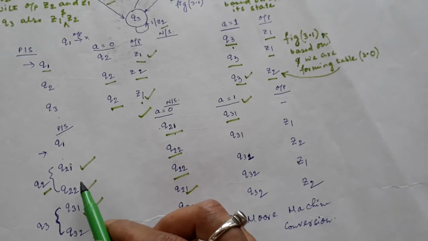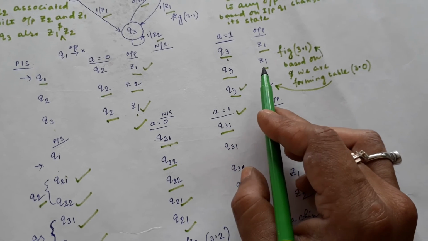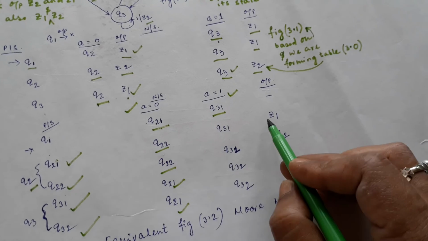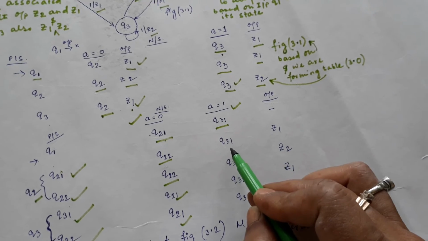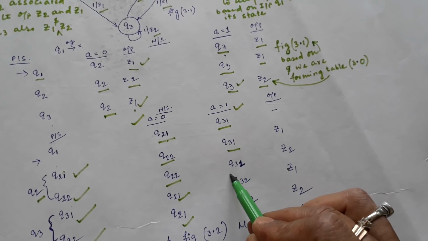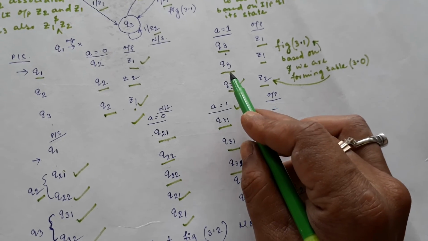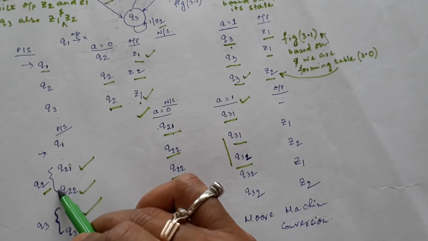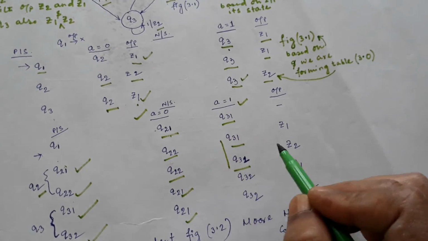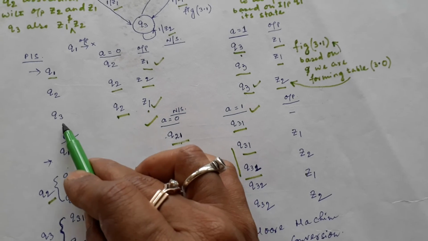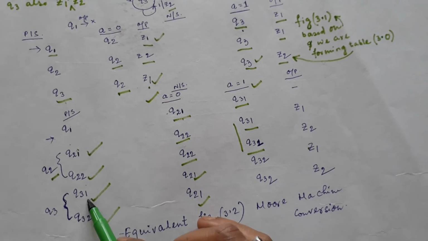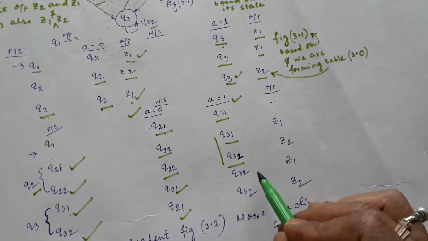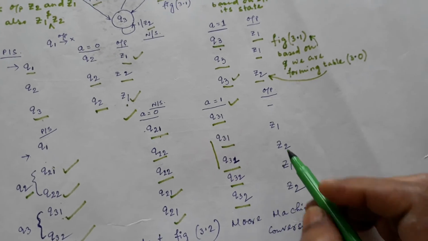In the same way, it is q3 and z1, so q21 and q2, that means q2, so we have written in this case q31 and q31. Why q31 and q31? Because the corresponding output is z1, and q31 means it is q2, so that's why q31 and q31, right? On the other hand, the next state is q3, meaning q31 and q32.